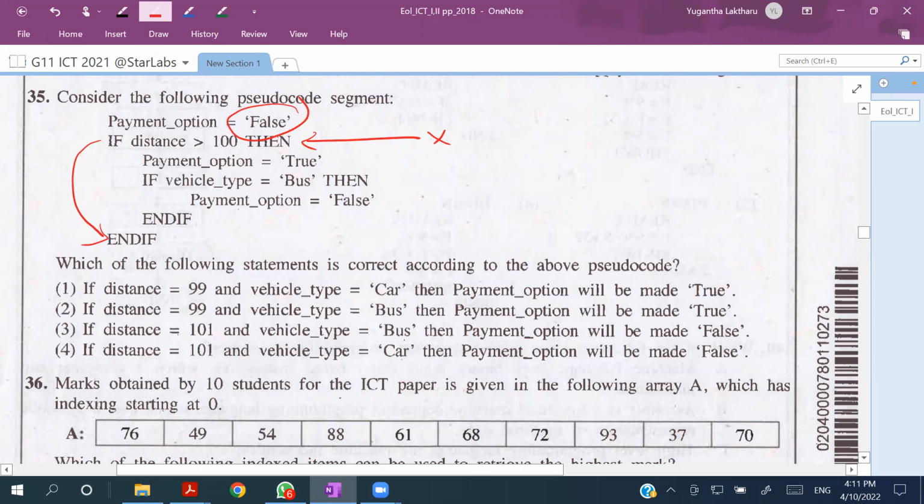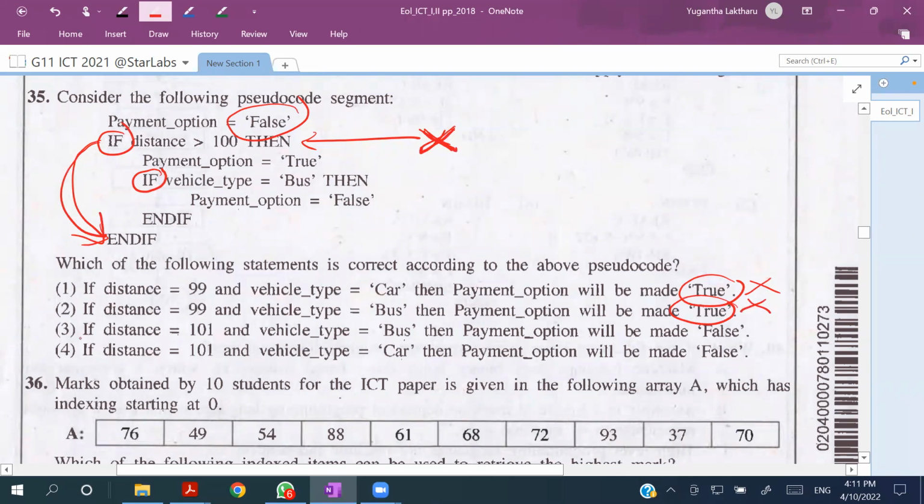They said the payment option will be made true, so it is wrong, because this if will be reached only if the first one is proven true. If distance is 99 and vehicle type is bus, it doesn't matter. The payment option will be made true? No, it's wrong again. If it is equal to 99, it is not larger than 100. That means this is false, and it directly comes to the end if. So it is wrong again.